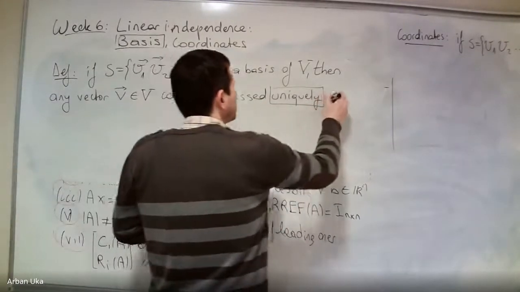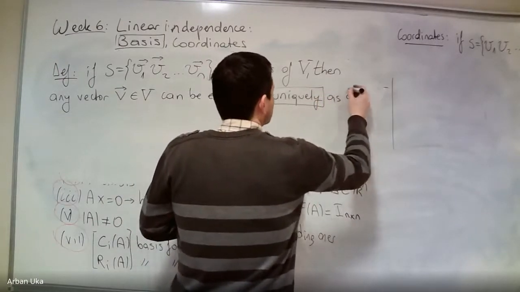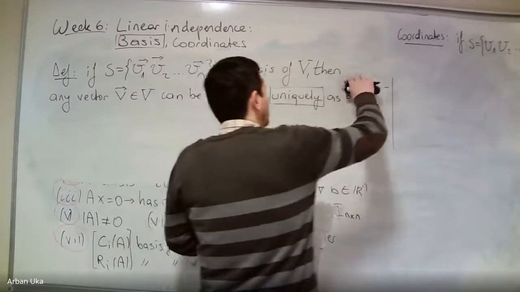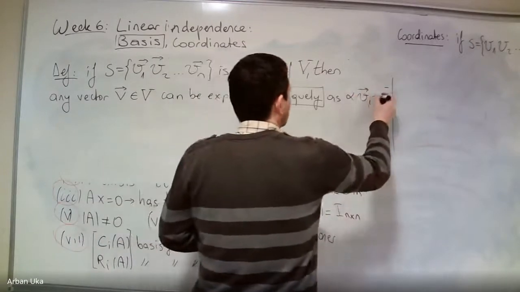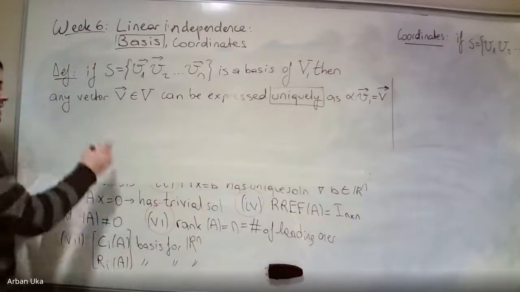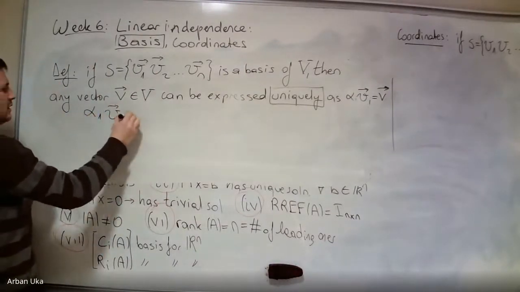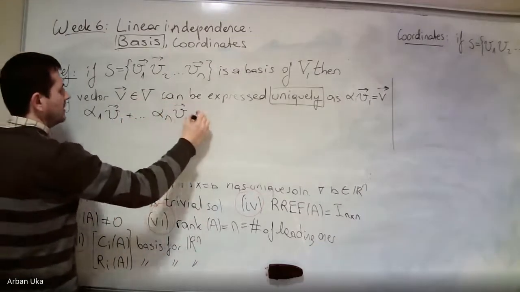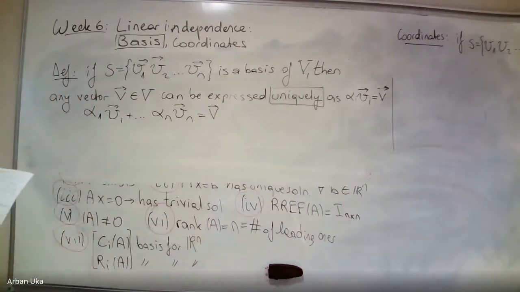So alpha 1 V1 plus up to alpha n Vn is equal to V.